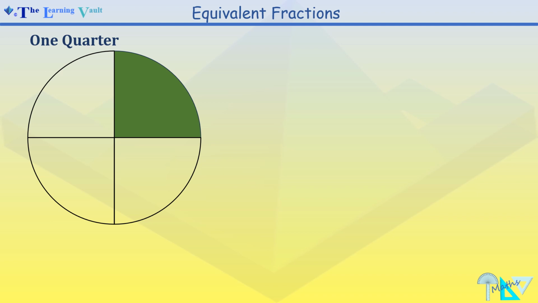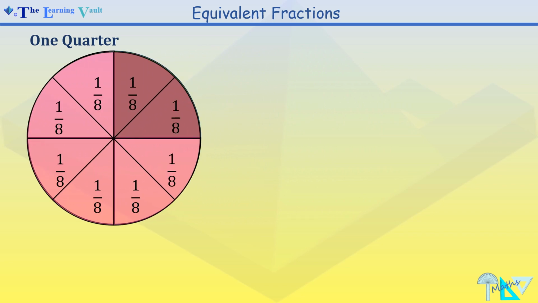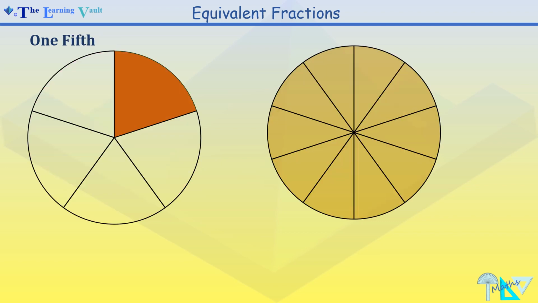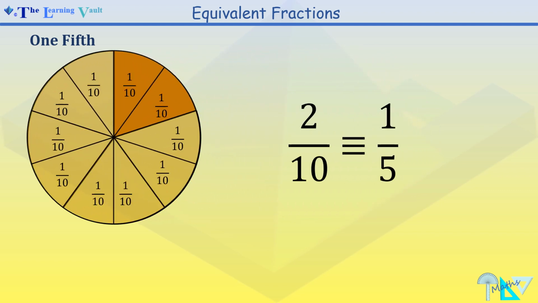Now we'll carry on doing the same with our 1/4 and 1/5, and we'll find out that it summarizes that for our 1/4, an equivalent is 2/8 is equivalent to a quarter. And for our 1/5, we'll see that 2/10 is equivalent to 1/5.